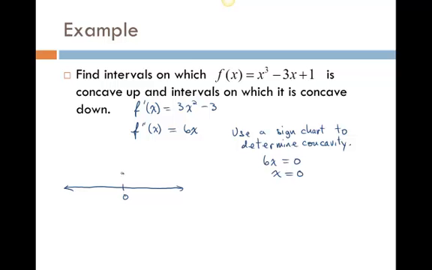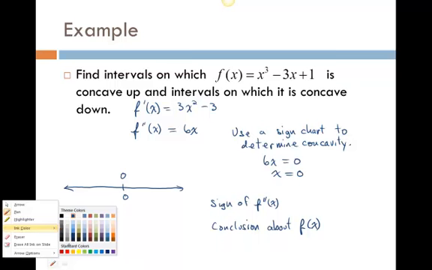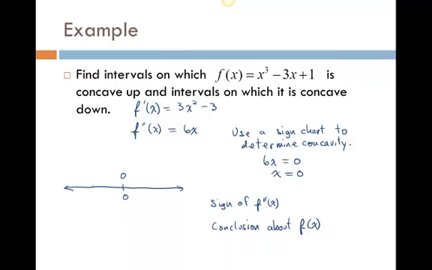At 0, the second derivative is equal to 0. So we're going to test the sign of the second derivative, and from that, we're going to draw a conclusion about the original function, f of x. Okay, so I'll try to use the same color code we used last time. We've got two intervals.